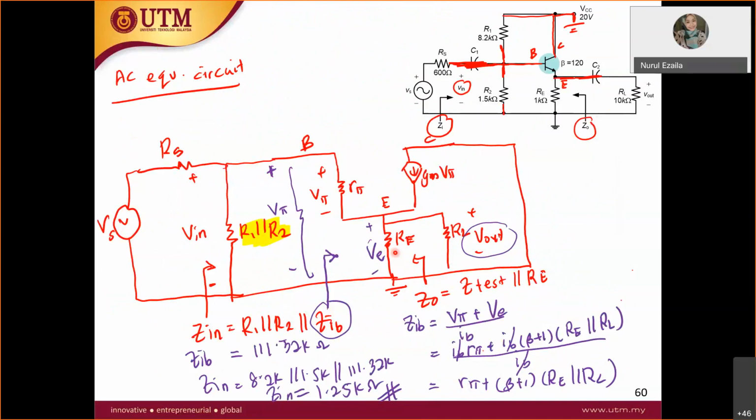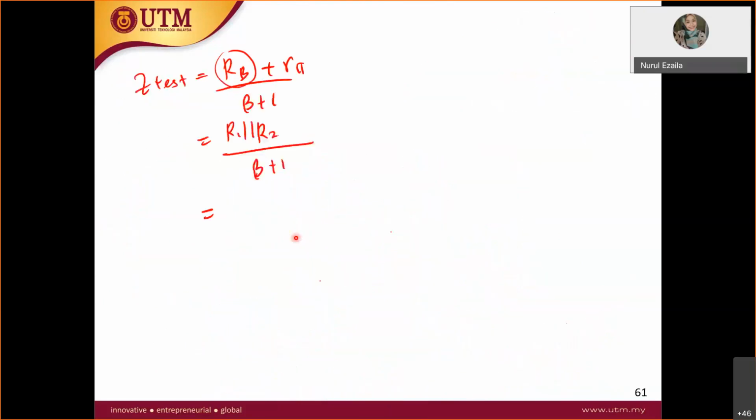Therefore, your Z test will include all three resistors: RS parallel with R1, parallel with R2. Then you have another portion here, which is RS plus R pi. It is the same derivation for V test over I test, but with all the resistors at the base, including the RS.